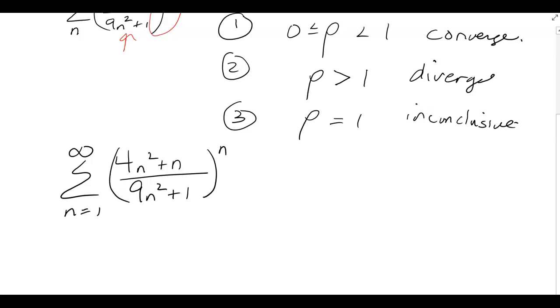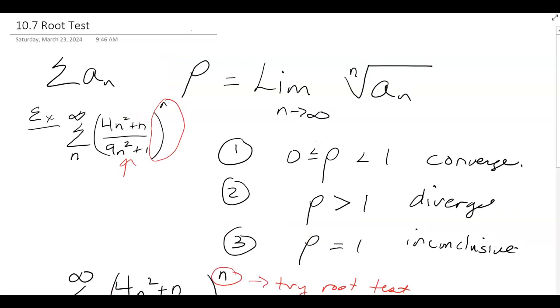So I have this series. Again, this is what tells you to, hey, try the root test, okay? Because we're going to get rid of the exponent with the root test. All right, so the root test says I want the limit of the nth root of that entire series. See, I want to do this.